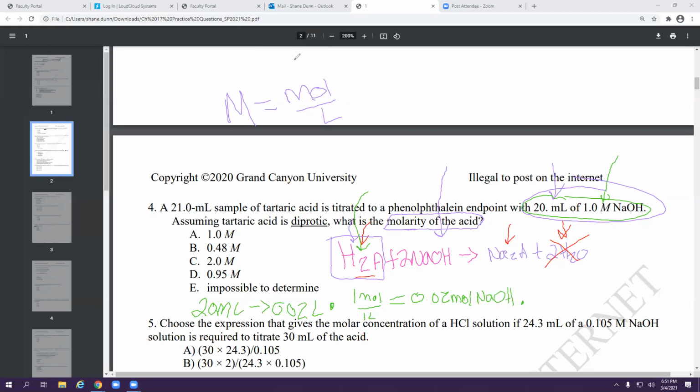So, doing the exact same thing, I take 2 moles of that to make 1 mole of that, right? So we're going to do a molar ratio. 2 moles of NaOH, 1 mole of H2A. Cancel. Cancel. So 0.02 divided by 2 gives you what?